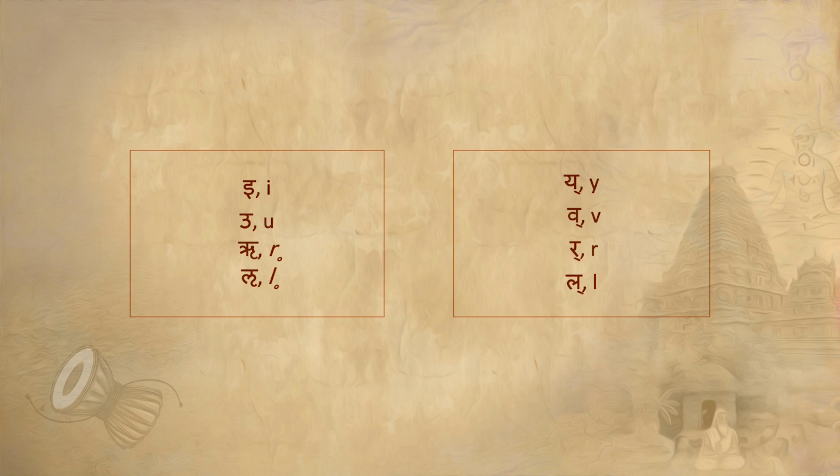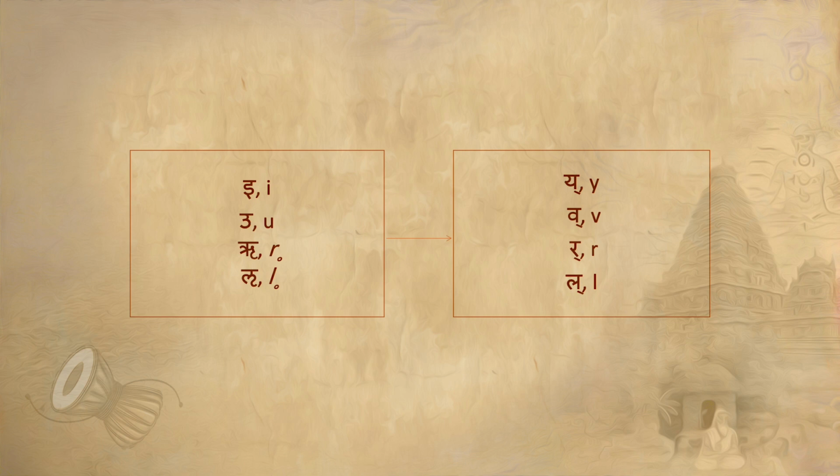So he has already given a mega rule there also: whenever there is a set of the same size, you apply correspondence. So if you have to replace I, you replace it with Ya; if you have to replace U, you replace it with Va; R with Ra; and L with La. All this he is saying in that simple sutra, because you know how he constructs mnemonics. What appears complex becomes a very simple idea.